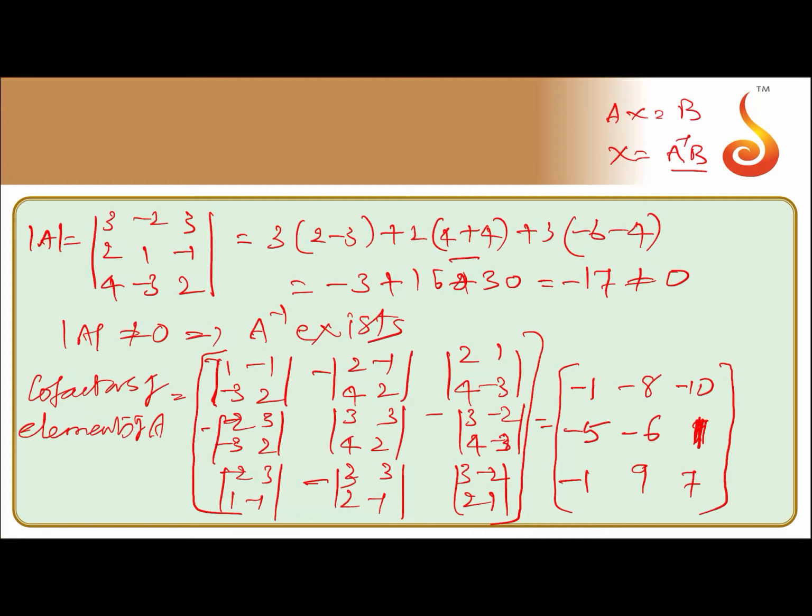Now the adjoint A is nothing but the transpose of this matrix, and we need to find A inverse. A inverse is adjoint A by det A. So we know that the adjoint of the A matrix is the transpose of the cofactor matrix.